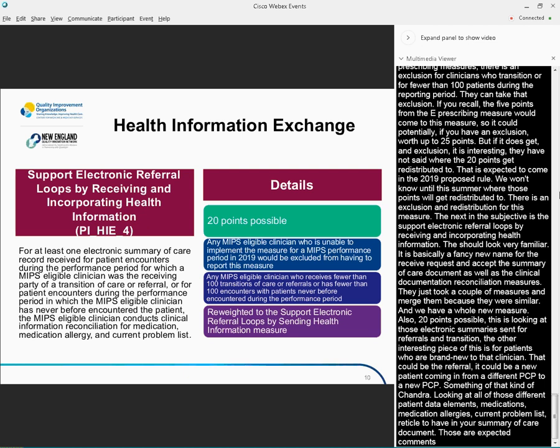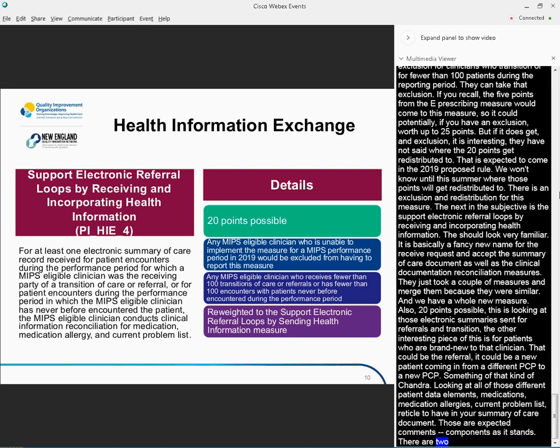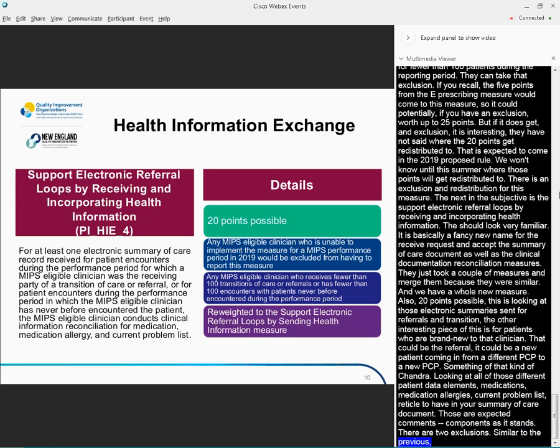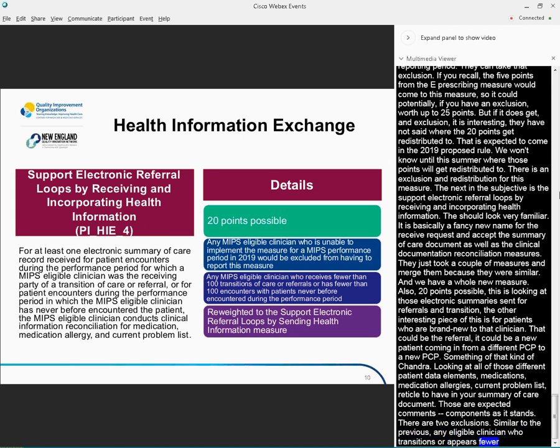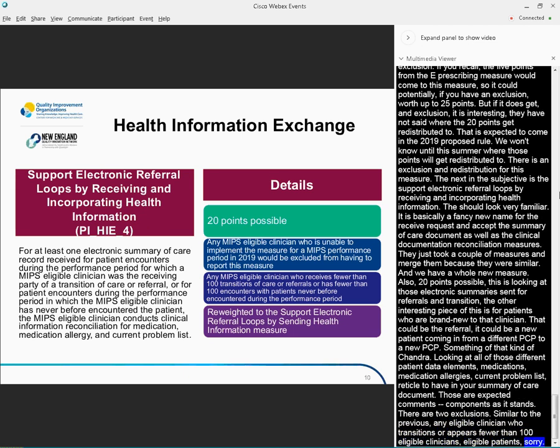There are 2 exclusions for this one, so as I mentioned, similar to the previous, it's any eligible clinician who transitions or refers fewer than 100 eligible patients, or has fewer than 100 encounters with patients that they've never seen before. So all new patients coming in.